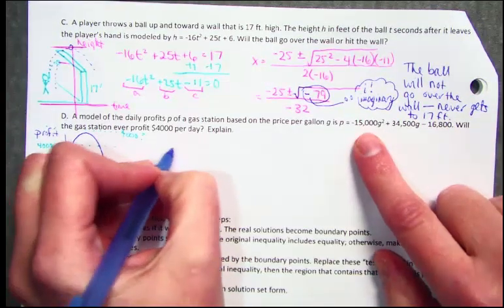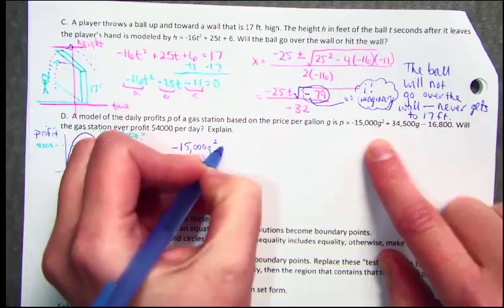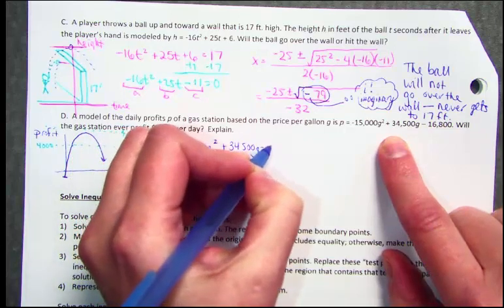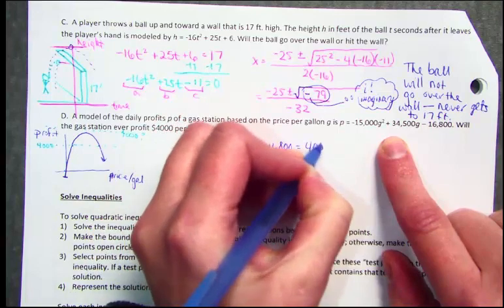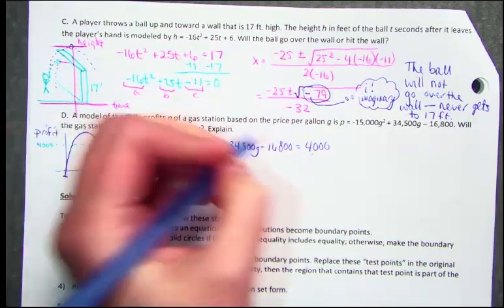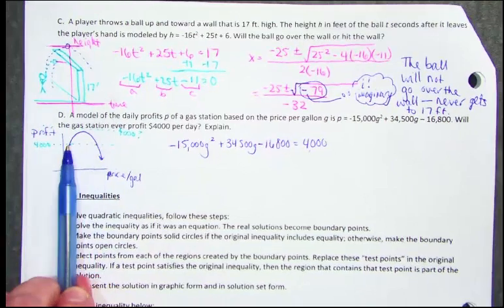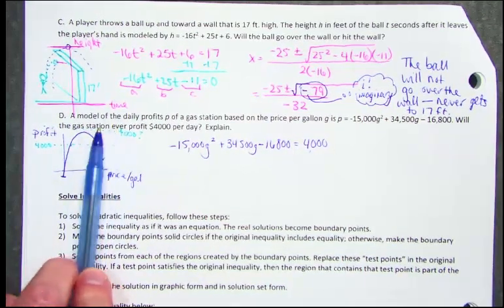So we want to know if this equation of their profits will ever equal $4,000. And if so, what is the price of gas that would make that happen? Or maybe there's two prices. See, here we could have two prices of gas that would get us $4,000. Up here we might not have any.